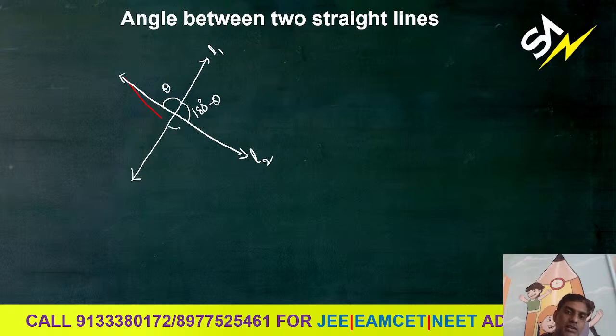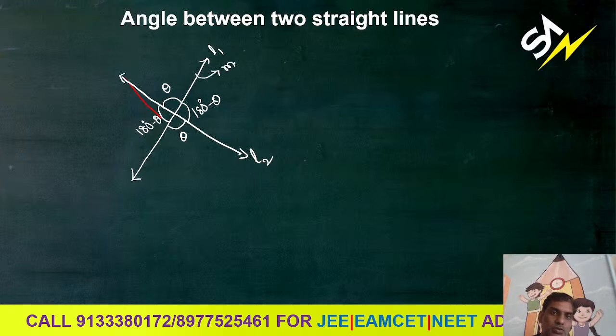And then this is again theta, then this could be again 180 minus theta. Now we have to calculate what is theta. If theta is acute, then 180 minus theta will be obtuse. Alright. Now let us see how to calculate these angles.